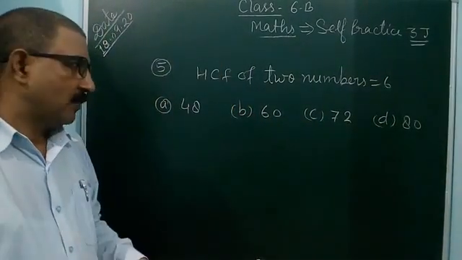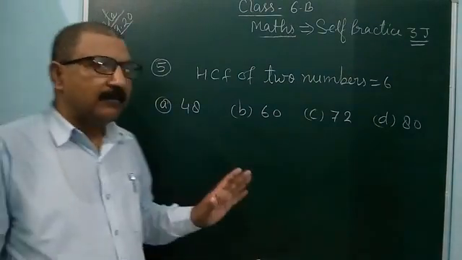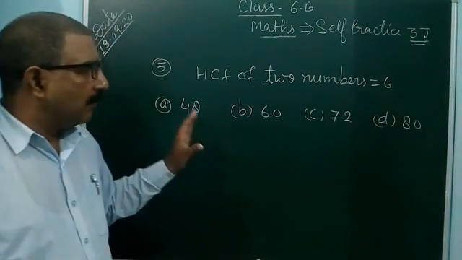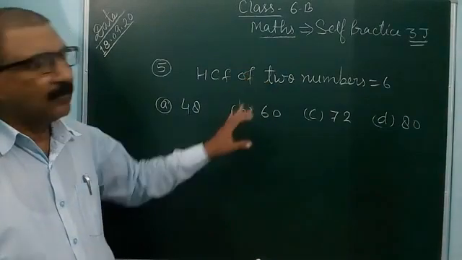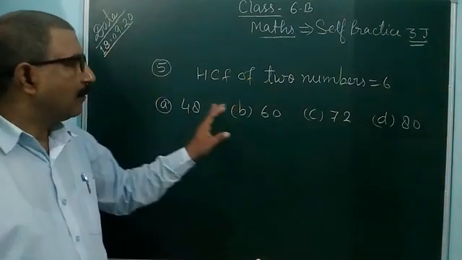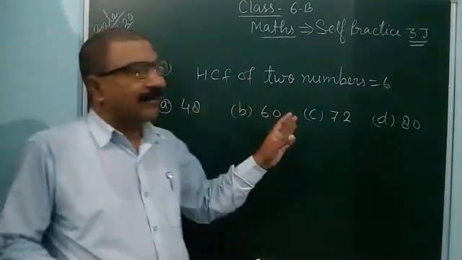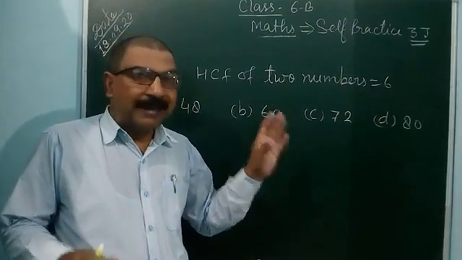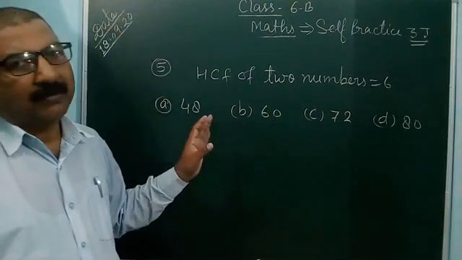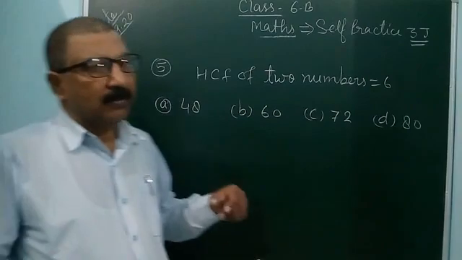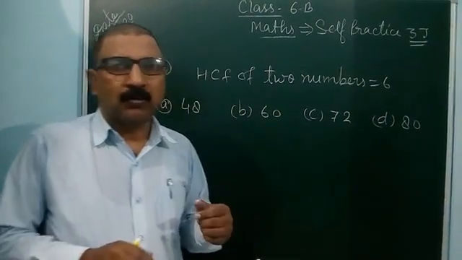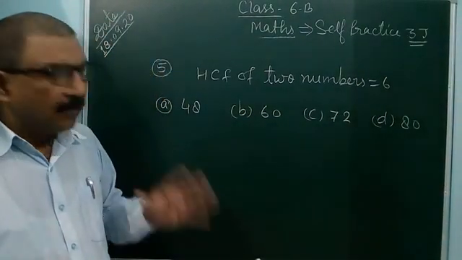For this, I have told already: if the SCF is given, and a number is divisible by it, then that number can be the LCM of the numbers. If the number is not divisible by the given number and the remainder is not 0, then that number will never be the LCM.